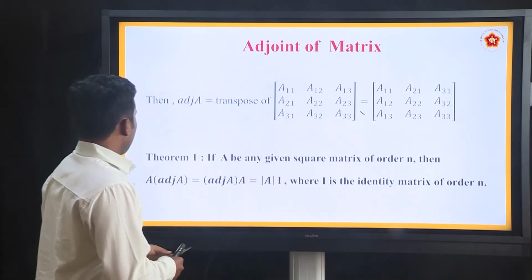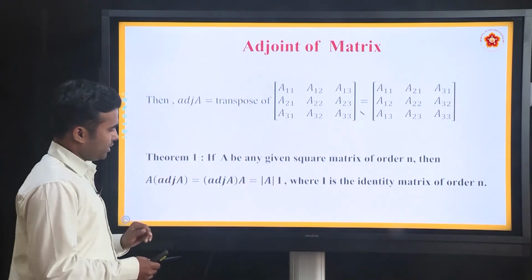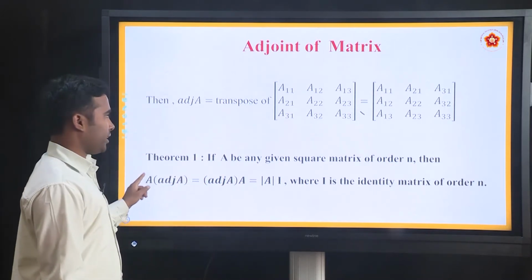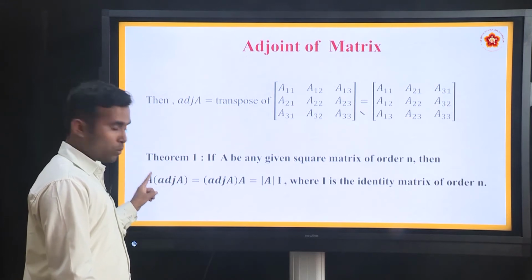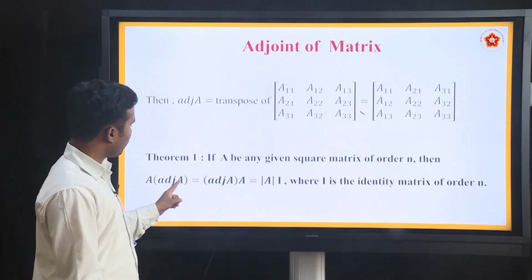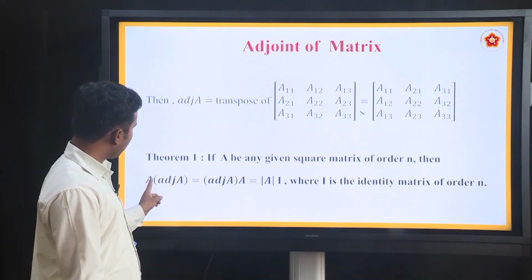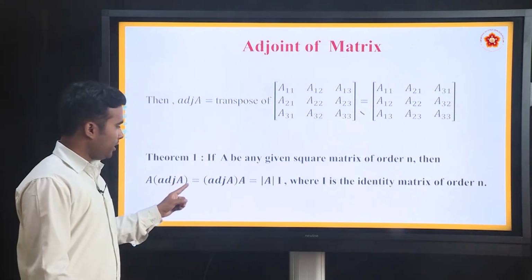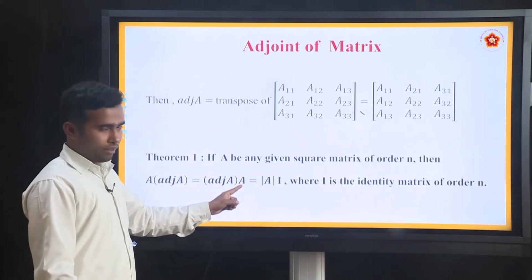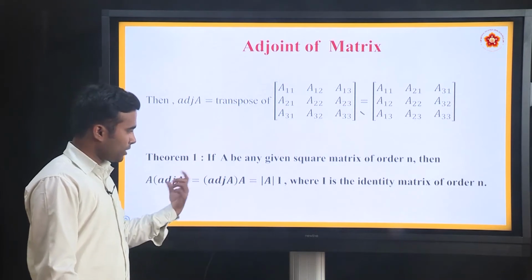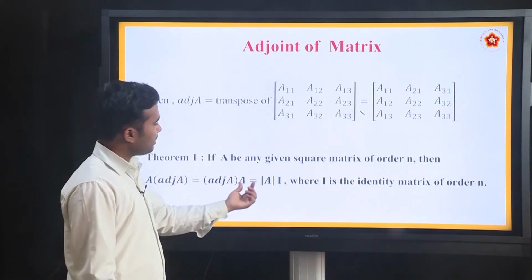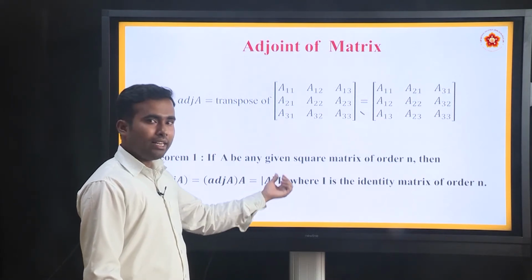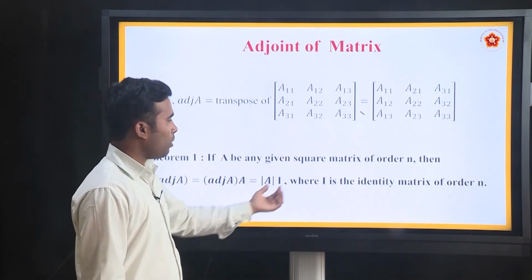Now let us see one theorem. The statement of the theorem is: where A denotes a square matrix, A into adjoint of A, this adjoint being the adjoint of this matrix, is equal to adjoint A into A. So we have just used commutativity here, and this is equal to determinant of A into I, where I is an identity matrix of order n.